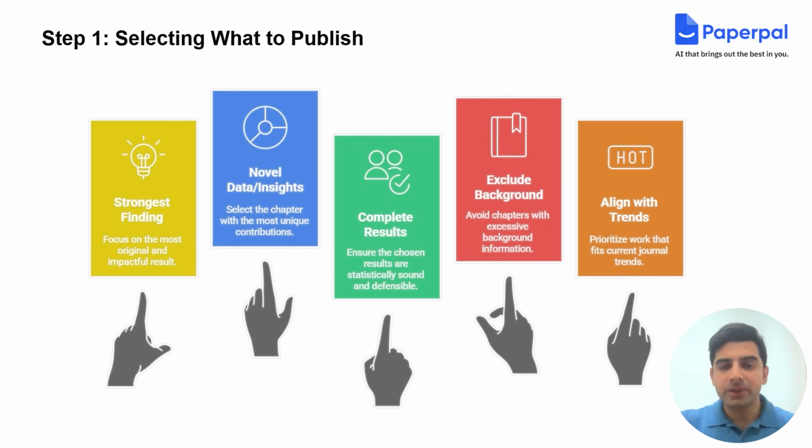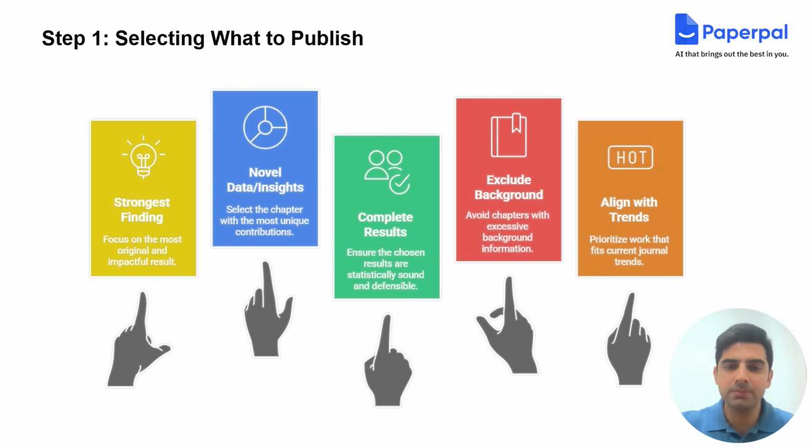So the first step is selecting what to publish. As I mentioned, if you have a thesis of around 200 pages, you can't put all of that content into a 20-page paper. So you have to pick some parts and convert them into a paper. There are some suggestions. The first one is to go for your strongest findings.